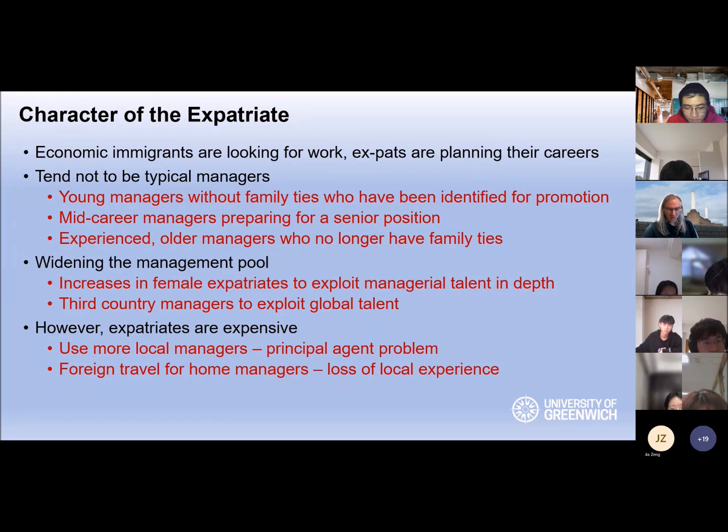But this, although I'm showing you 3 different kinds of expat, it's still a fairly narrow range of people. So what are we missing out on then? Well, for starters, we're missing out on those female expats.